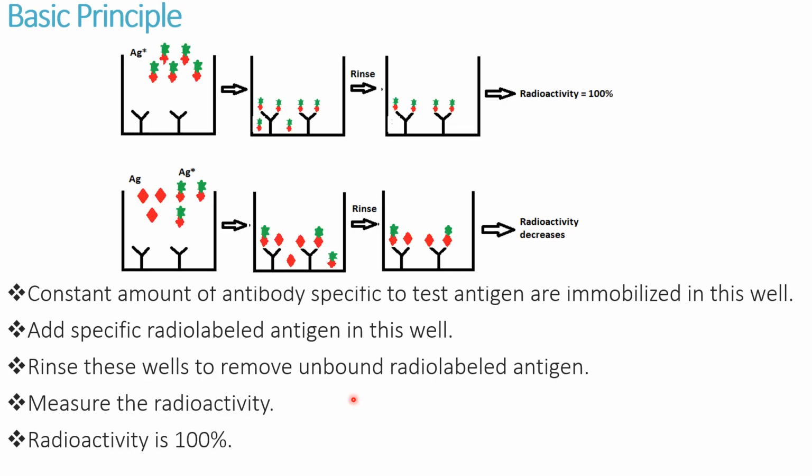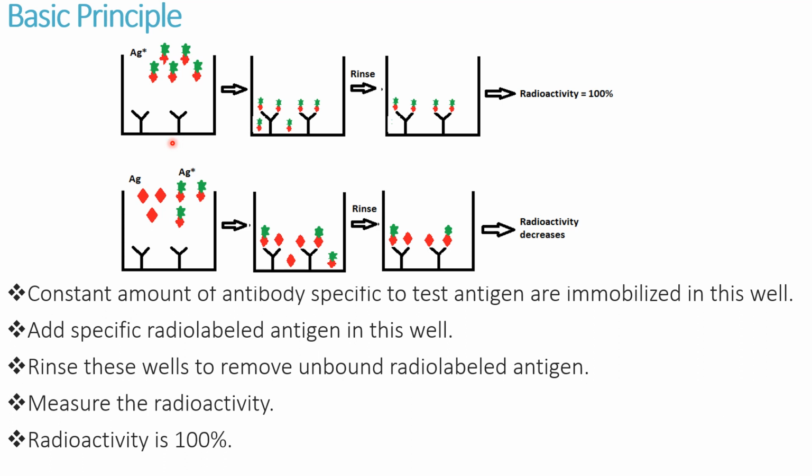Now let us see the basic principle behind this radioisotopic technique. To keep our illustration simple, these are the microtiter plates. In the first plate, there are two microtiter wells. These microtiter wells are fixed with a constant amount of antibody specific to our test antigen.